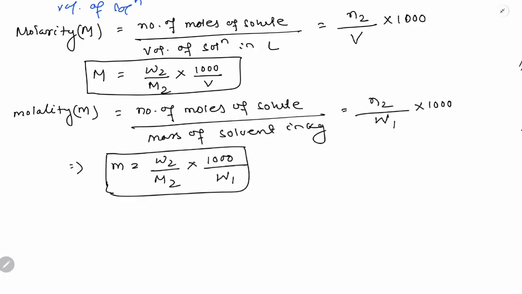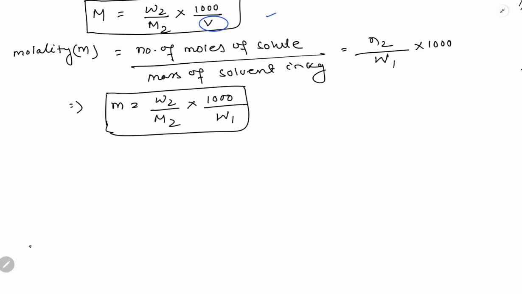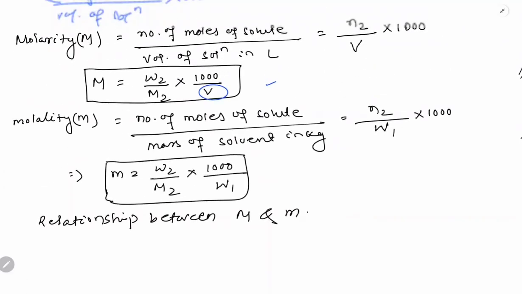In case of molarity, we are using a volume term, so it depends upon what? Temperature. There is no volume term in molality, so it is independent of temperature. Now what is the relationship between molarity and molality? Let's write the formula.